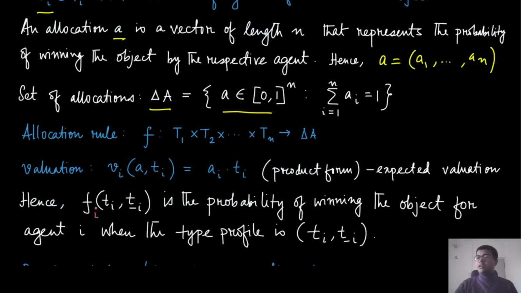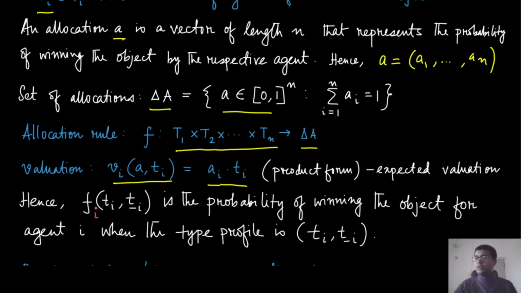Now therefore the allocation rule is mapping this type space, the Cartesian product of all these capital Ti's, into one of these probabilistic allocations. And the valuation, which we usually denote with vi of A comma ti, which is the valuation of player i when his type is ti and the allocation is A, is simply represented by this product form, which you can think of as an expected valuation.